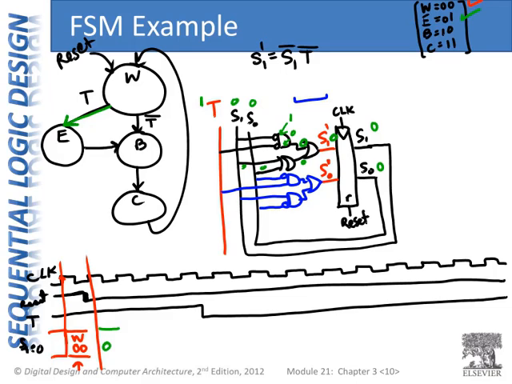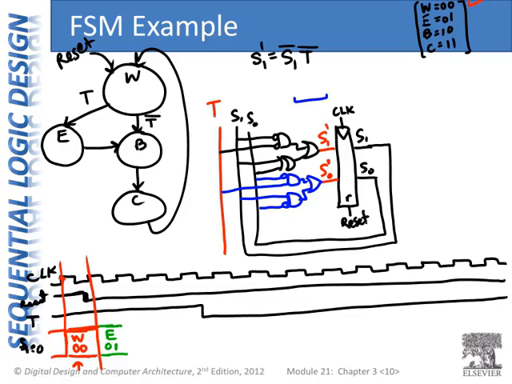Now let's see the bottom one. So we get S0 bar, again 1, and T, which is 1. So we're going to get a 1 OR something. I don't even need to evaluate the bottom one. 1 OR anything is 1. And our next state bits are 0, 1. At the next clock edge, those next state bits become the current state. And we get our state, in fact, is the E state, the eat breakfast state. And that's exactly what we expected.